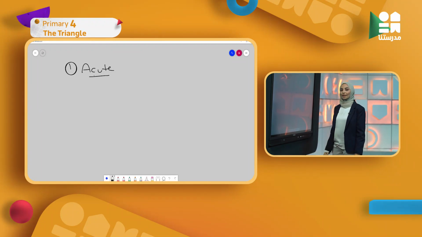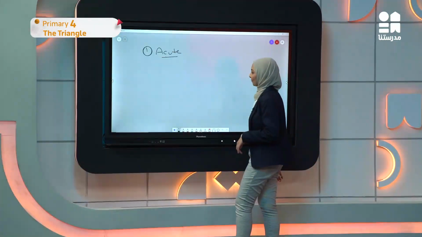Acute angles means less than 90 degree. Any angle less than 90 degree is an acute angle. Like what? Like 10 degree, 20 degree, 30 degree, 40 degree, till I reach 80 degree.